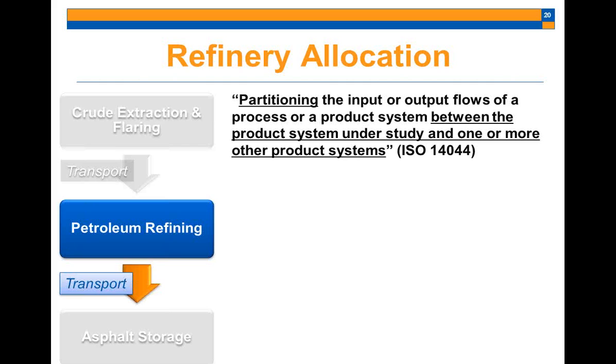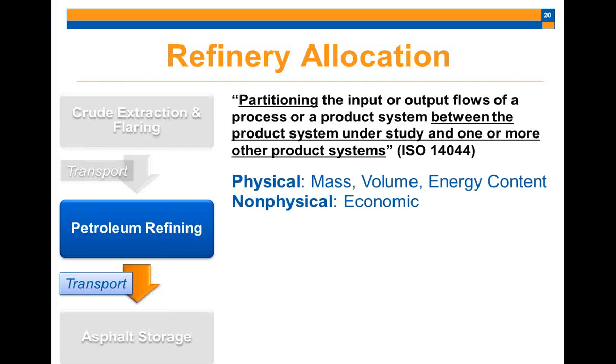So for example, a refinery has multiple outputs. It takes crude oil, but it spits out a lot of different petroleum products, and one of these is asphalt. So we need to figure out how to allocate the correct amount of energy, emissions, and environmental impacts attributed to asphalt. So studies do this in a number of different ways.